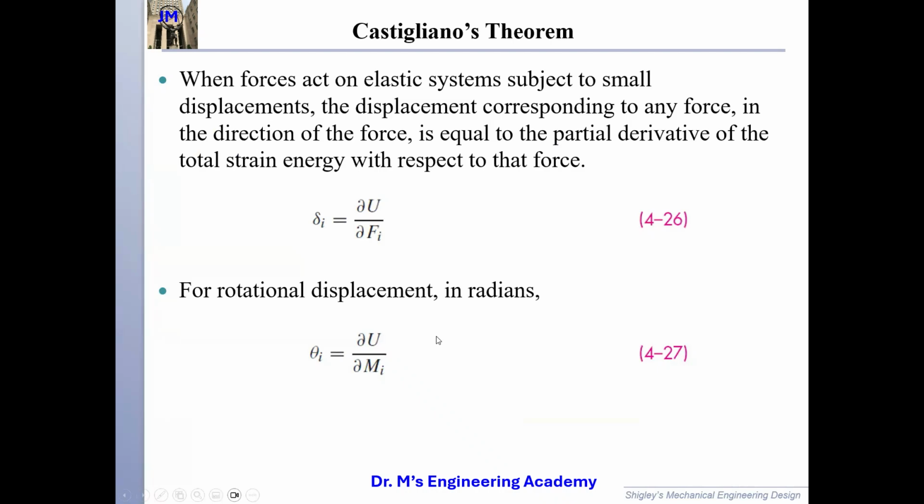Then we talk about the Castigliano theorem. Have you ever heard of this Castigliano theorem? No? Raise your hands. Nobody has heard of it, okay. It is an energy method to solve structural problems.